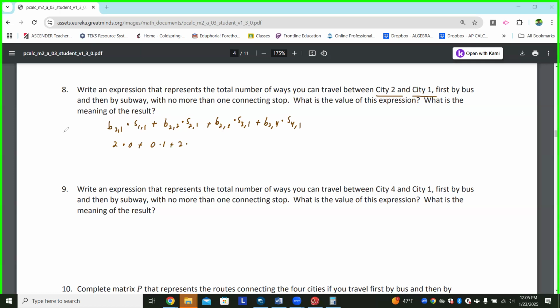Go to S, row 3, column 1 should be 1. Bus 2, 3 would be 2. S 3, 1 is 1, plus B 2, 4, S 4, 1. And then we just do the work. So this would be 0 plus 0 plus 2.